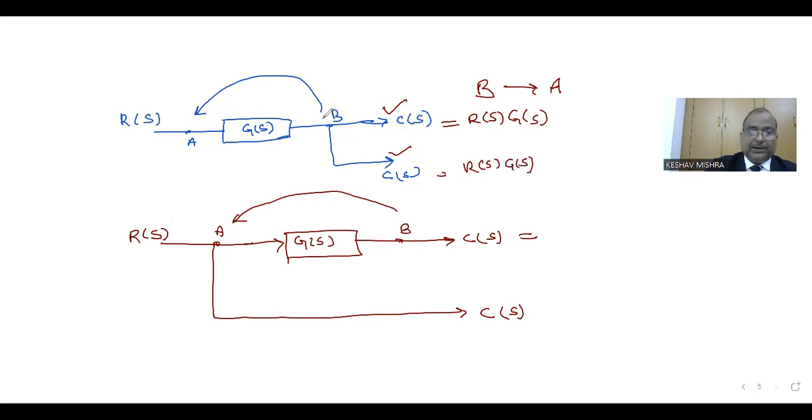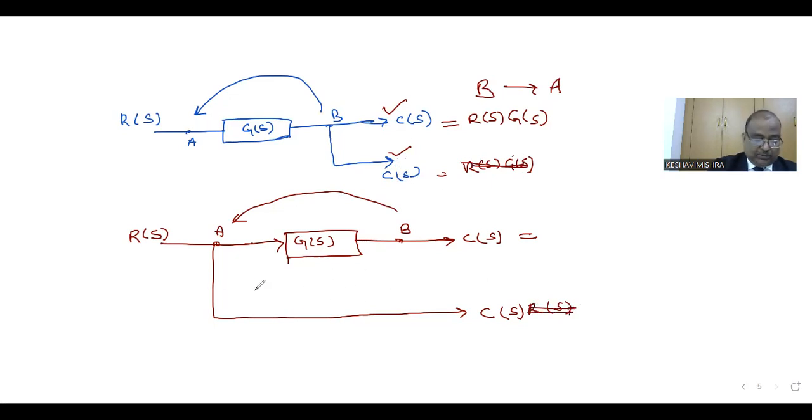Now we have shifted this takeoff point to position A. So what should be the effect? Previously we were getting Cs here. So Cs would remain constant.